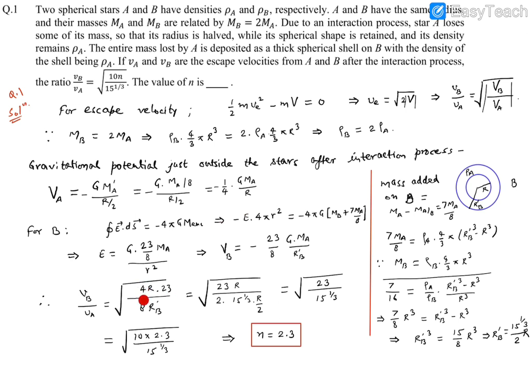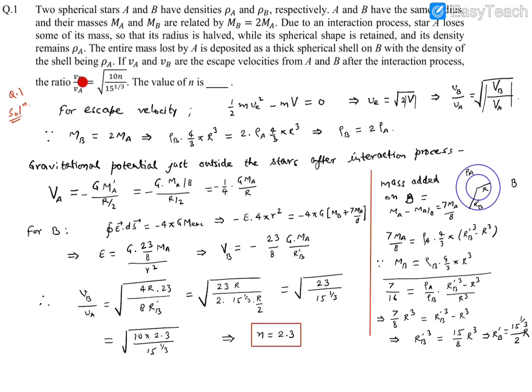This 4R will go upside. Then you can simplify this, so that's 2 after cancelling, 23R divided by 2, and r'B is 15 raised to power 1 by 3 R by 2. Now this 2 and this 2 settle down, and R with R settles down, so this turned out to be the square root of 23 divided by 15 raised to power 1 by 3.